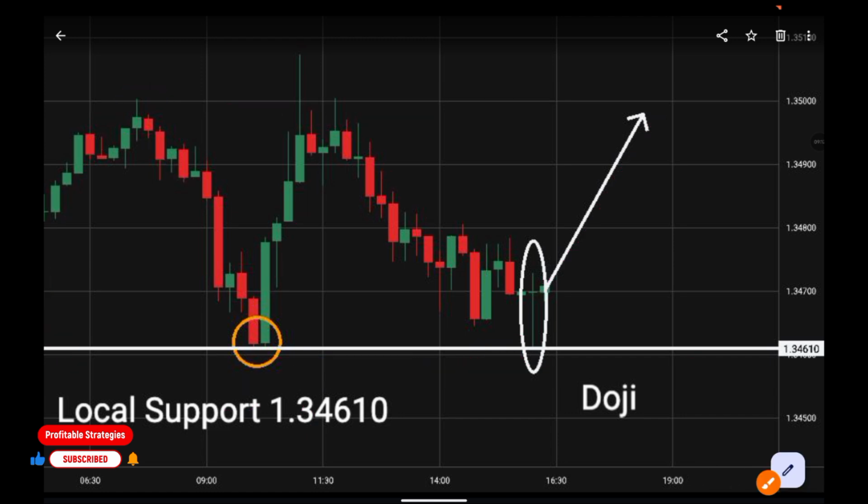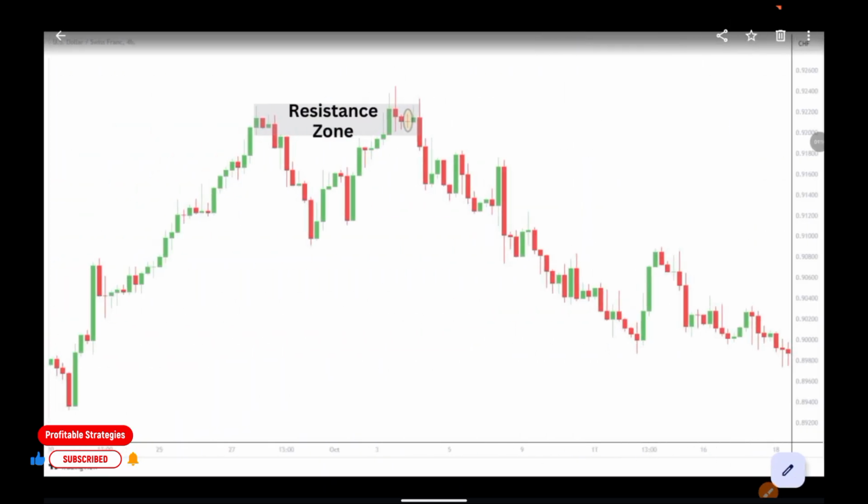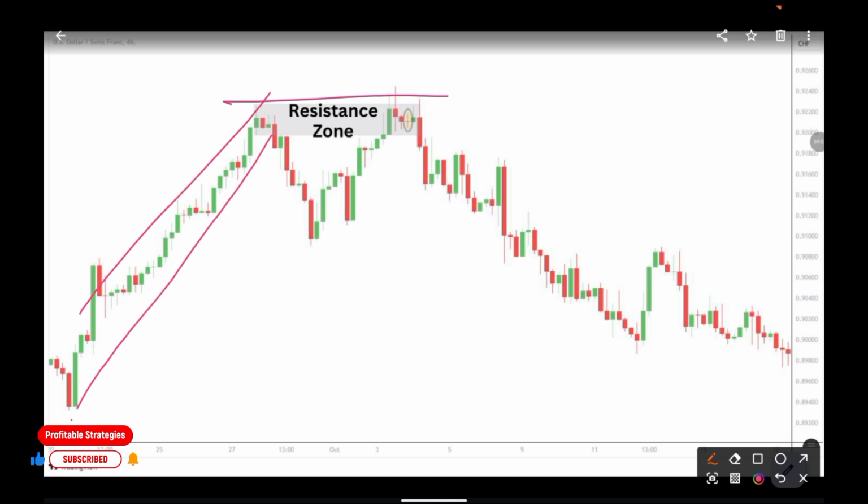All right, so let's take a look at another chart. Okay, this is the bearish pin bar here. I believe you can locate the bearish pin bar. Look at the chart very well and you'll be able to locate it. So this is the resistance zone. The buyers push the price up to the seller zone, the resistance zone.